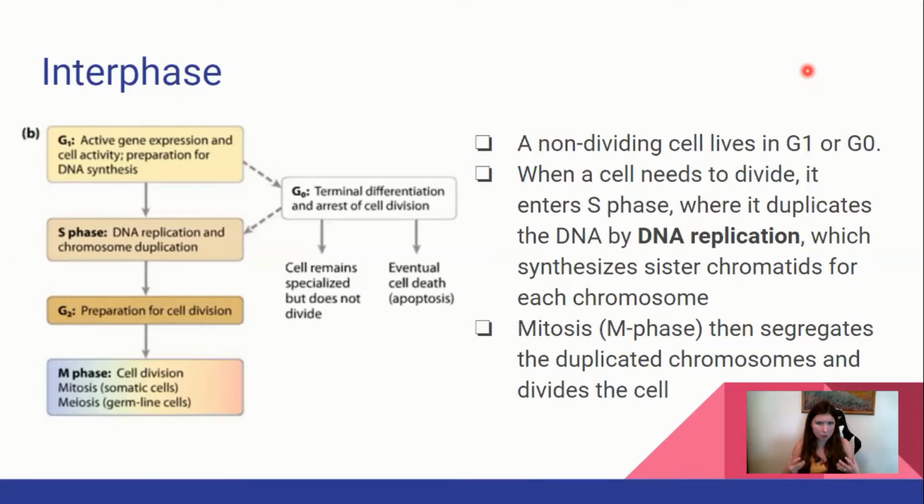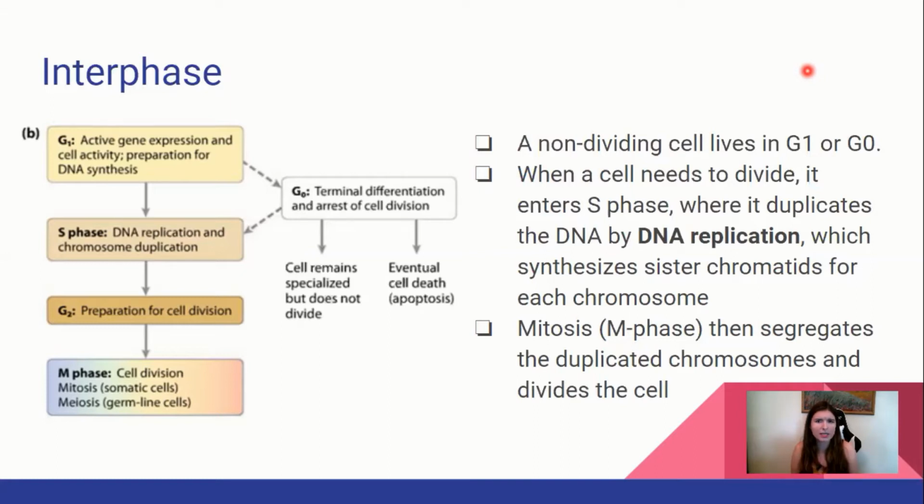Now, once that cell has decided that it's going to divide, we need to make an extra copy of the DNA. And that happens during our next phase. So S phase of interphase is where something called DNA replication happens. In DNA replication, we're going to make a copy of the DNA.